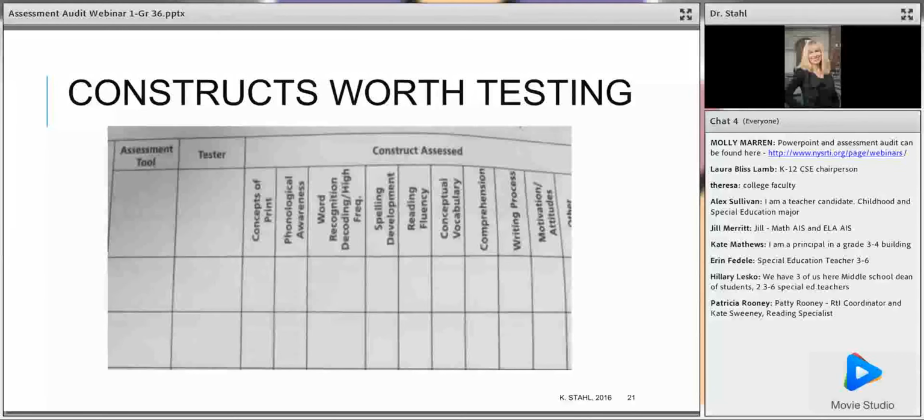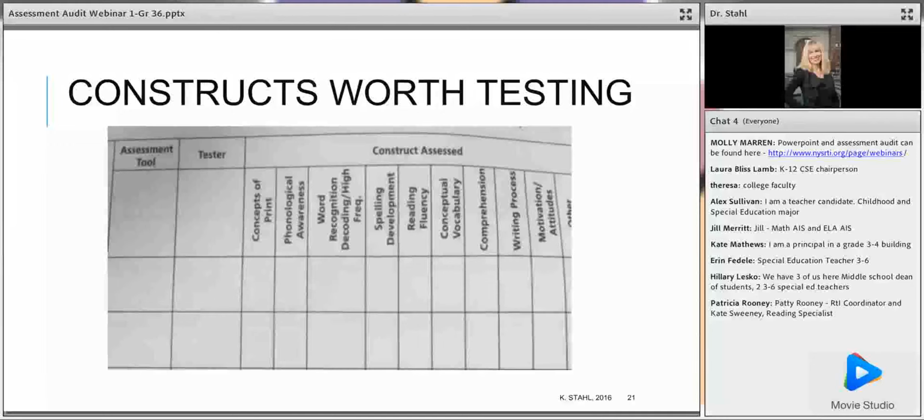Comprehension, there are many ways we need to test comprehension. So we want to make sure that's included. And again, how is it reflected in both children's writing processes and their response to reading, verbally and in writing? And then the writing process.